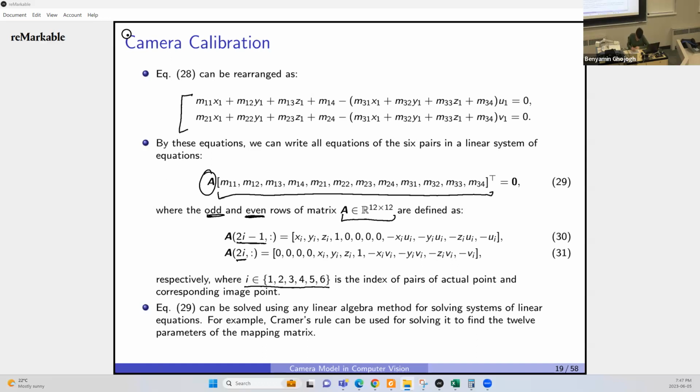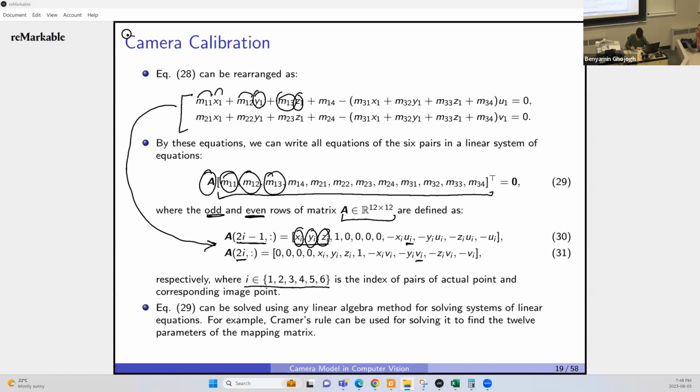And as you see, I'm rewriting this in this way. So here, Xi, Yi, Zi means the X, Y, Z of the ith pair. ui, vi means the u and v of the ith pair. Okay. So here I have M11, X1. M11 is the first element, X1. M12, Y1. M13, Z1.